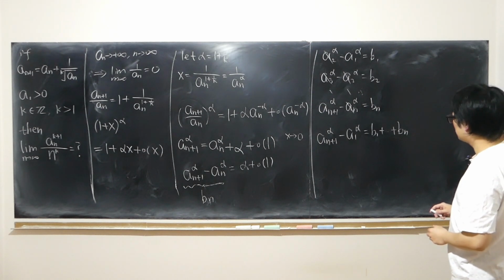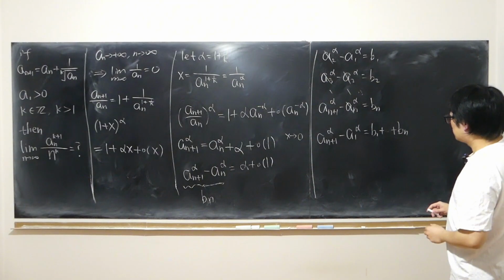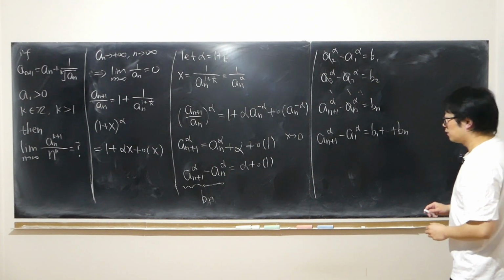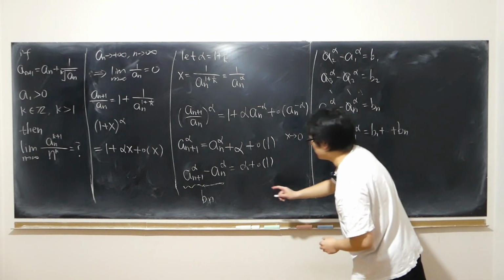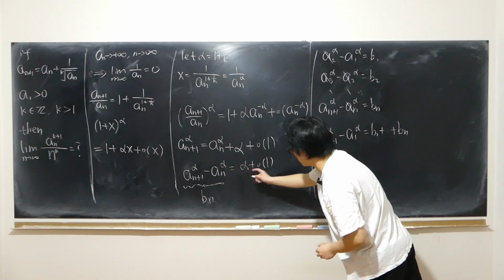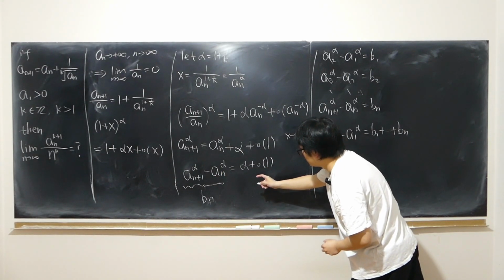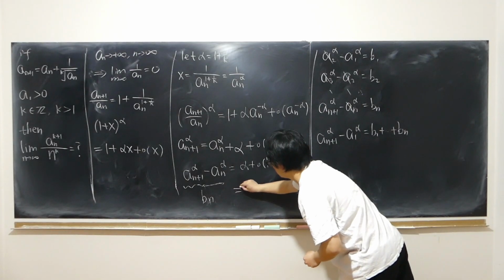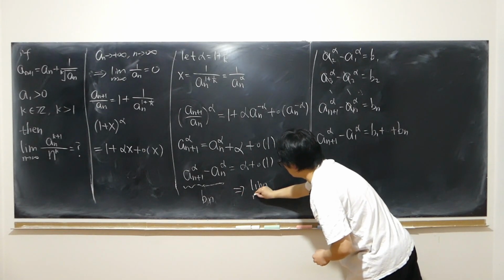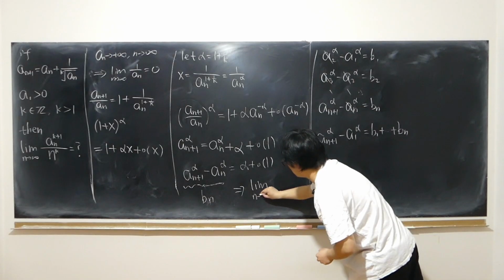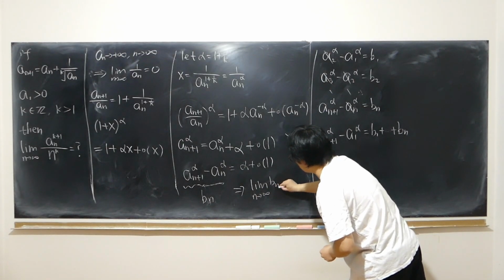How is this helpful? Because, like I said, this limit is known to be alpha, because this will tend towards 0. So I already know that. So denote this b_n, so the limit of b_n is alpha.